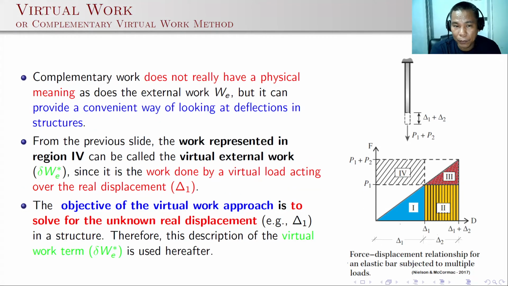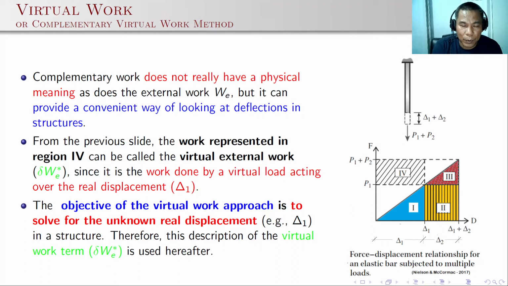The complementary work does not really have a physical meaning, as does the external work W sub E, but it can provide a convenient way of looking at deflections in structures. From the previous slide, the work represented in region 4 can be called the virtual external work, that is delta W sub E, since it is the work done by a virtual load P sub 2 acting over the real displacement delta 1.